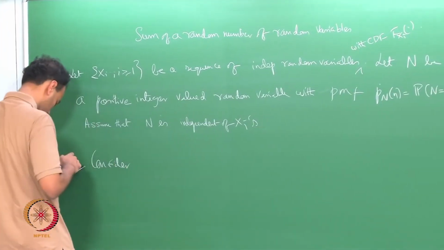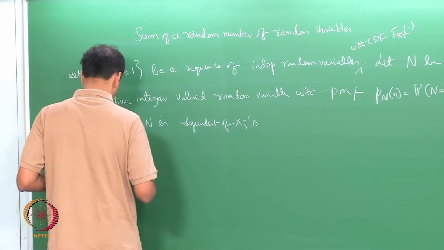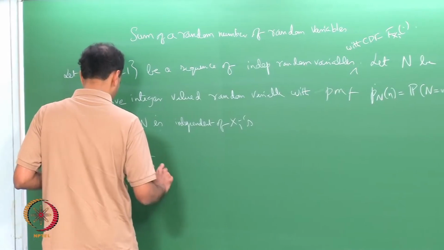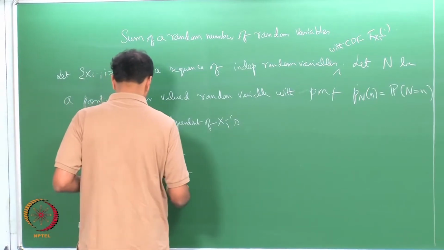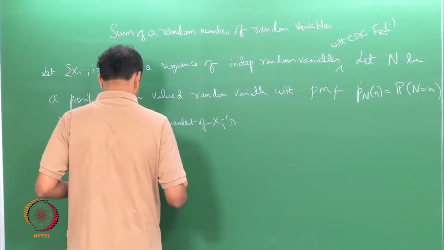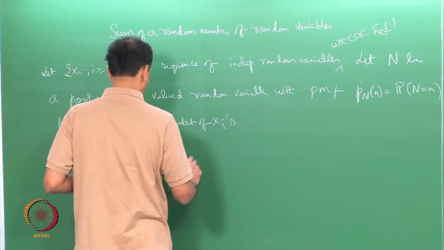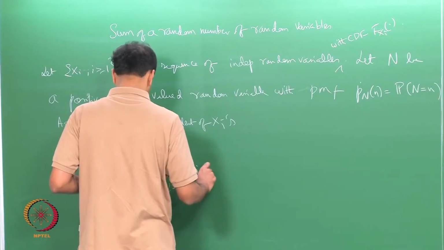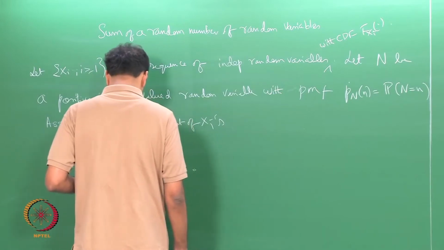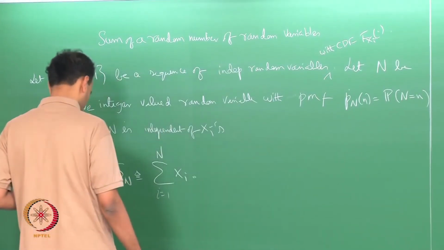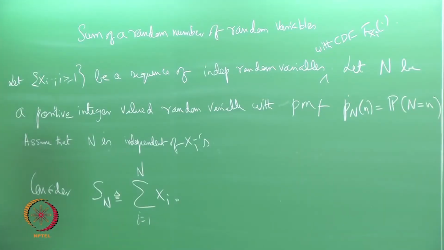Consider S_N equal to the sum from i equals 1 through capital N of Xi.